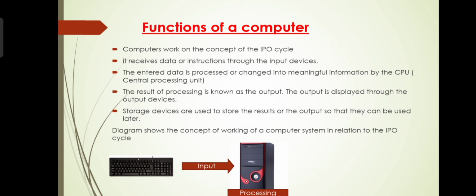If you want to enter your name, for example, if your name is Arun, then you will press A on the keyboard first, then R, then U, which is followed by N. So, you are pressing 4 keys on the keyboard. That is your input.